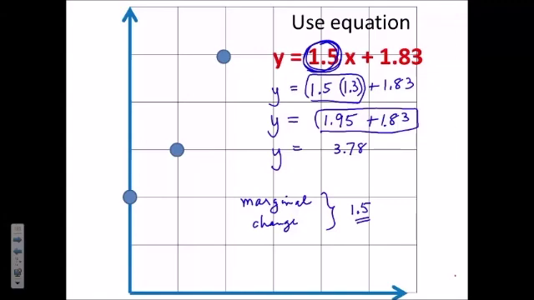And the slope of the line is just the coefficient of x in our regression equation. After all, this is y equals mx plus b. The marginal change is just m.